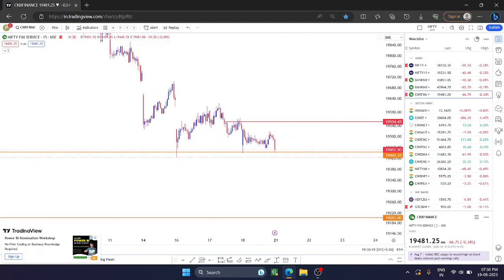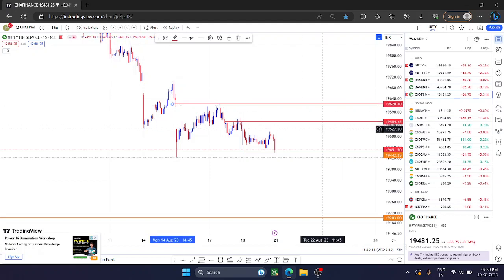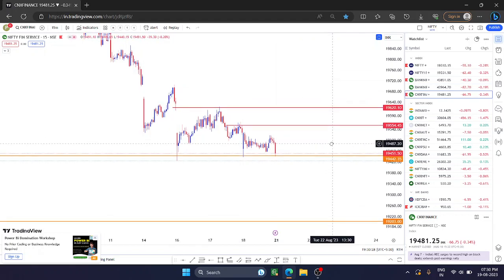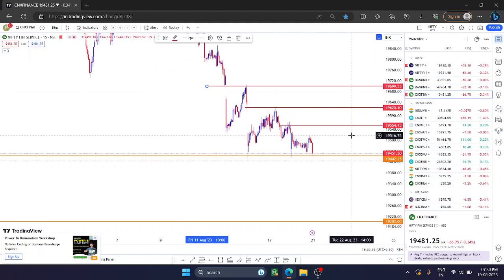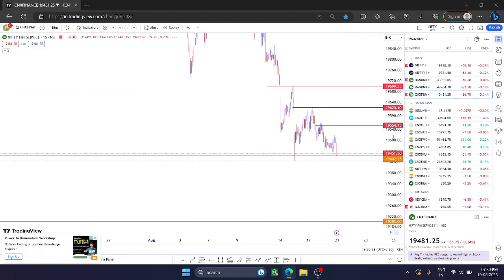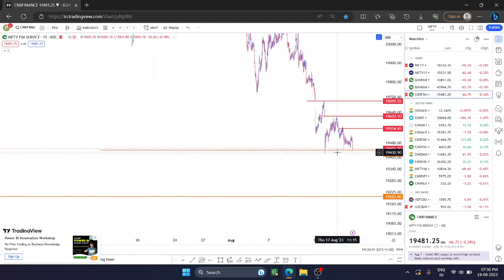It will of course be fewer points that you can capture, but it will be much safer. Okay, and above 19,550, 19,620 is a zone to watch out for. And if it also gives a breakout, then 19,700 will be the resistance area for Nifty Finance.